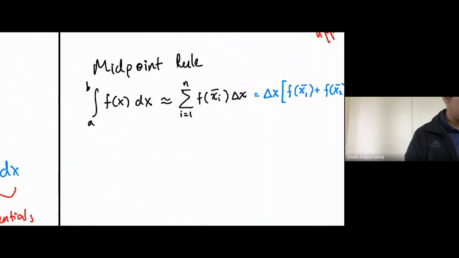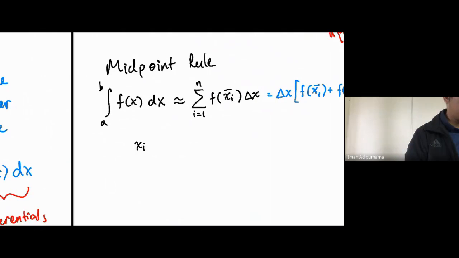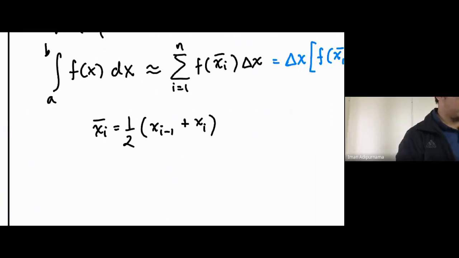And for the midpoint, the x will be defined by half of the sum. If you have a line above the x, that means it's the midpoint.